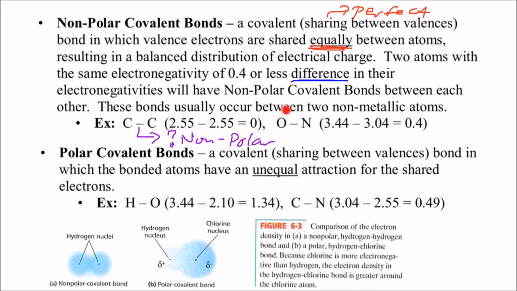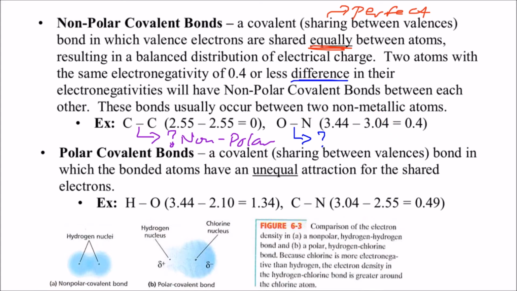What about this bond between oxygen and nitrogen? What kind of bond is that? Same thing. We're going to get the electronegativity for oxygen off the back of our periodic table, and we see it's 3.44. Then you get the electronegativity for nitrogen, and you see it's 3.04.